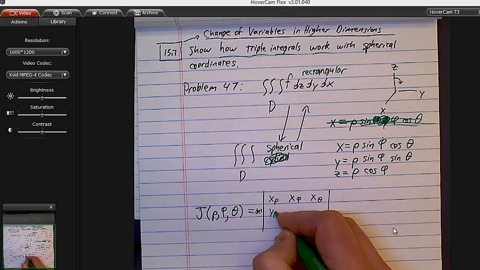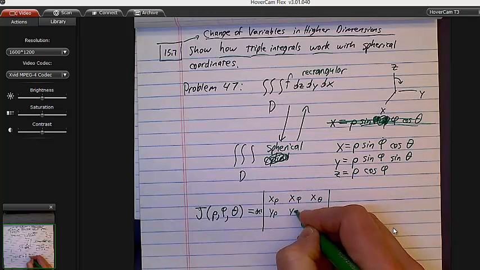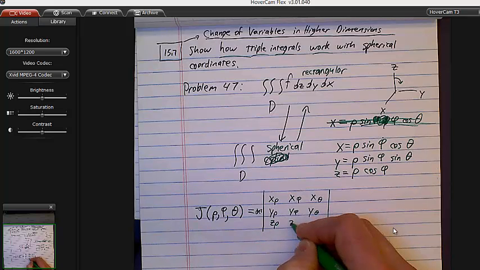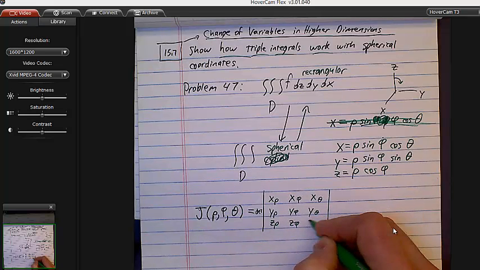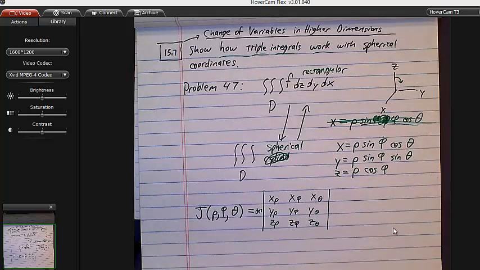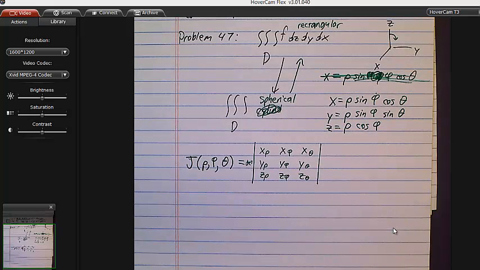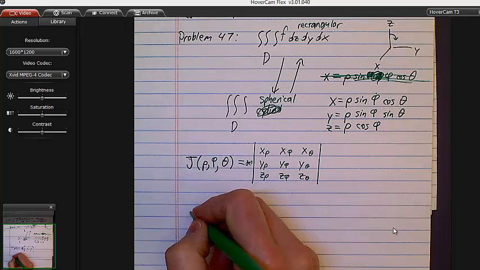And then I have y rho, y phi, and y theta, and z rho, z phi, and z theta. So there's 9 partial derivatives we have to compute, right? And we have to take the determinant. I explained to you guys already how to take the determinant of a 3 by 3 matrix. We talked about it last time. You're going to see an example now. Okay? So there are some computations to do here, so let's do them. Let's see.